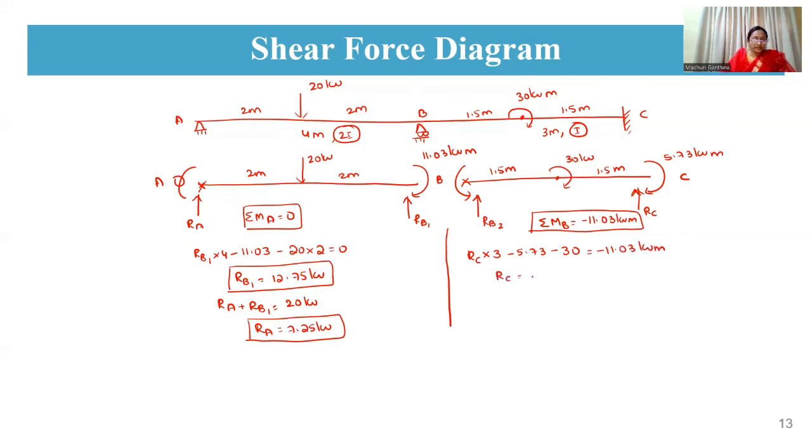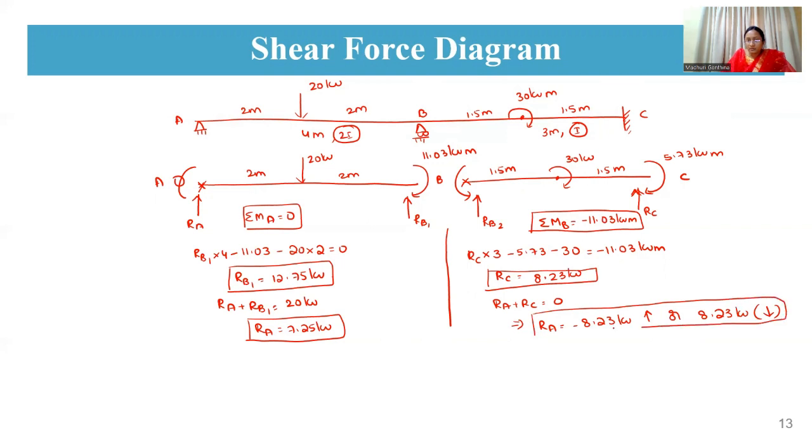So here RC will be equal to 8.23 kilonewton, whereas RA plus RC will be equal to 0 since there is no external loading. So this implies RA will be equal to minus 8.23 kilonewton, which is of upward reaction, or 8.23 kilonewton, which is of downward reaction. So this is about RA and RC.